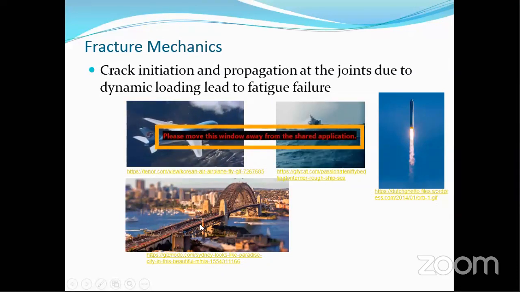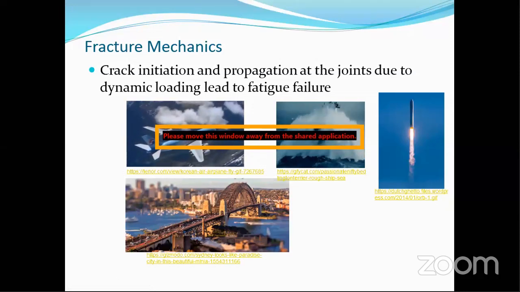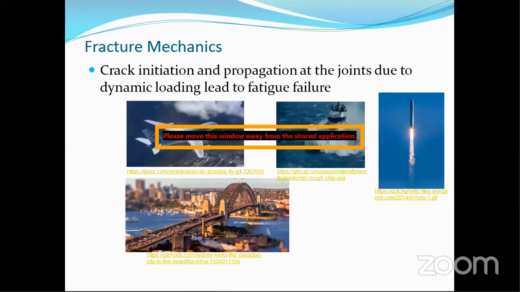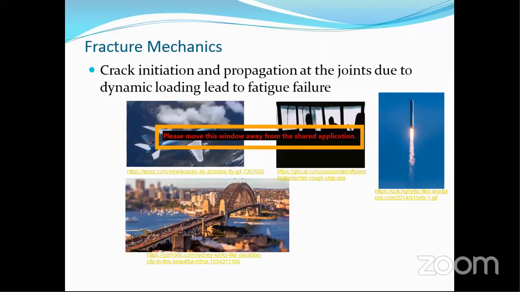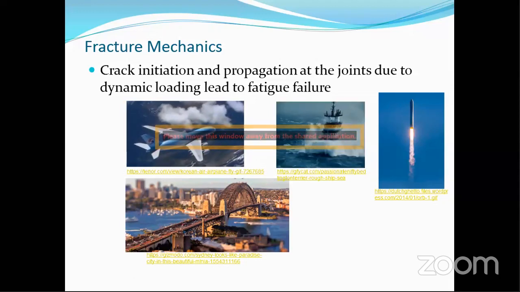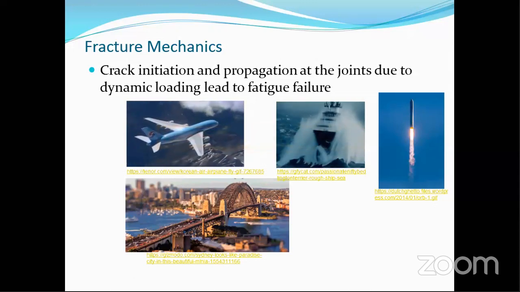Even a simple cycle can have crack initiation because of dynamic loading from the environment. If you take the example of a car, because of speed bumps or potholes, it is always subjected to dynamic loading. Even engine vibrations cause some dynamic loading at different parts.